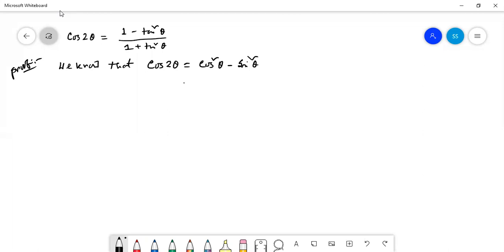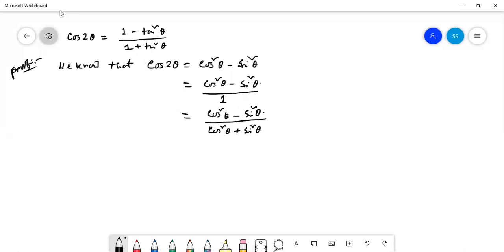Yes, sir. It can be written as cos square theta minus sin square theta, whole thing by 1. Now this 1 can be written as cos square theta plus sin square theta. Then it is cos square theta minus sin square theta by cos square theta plus sin square theta.